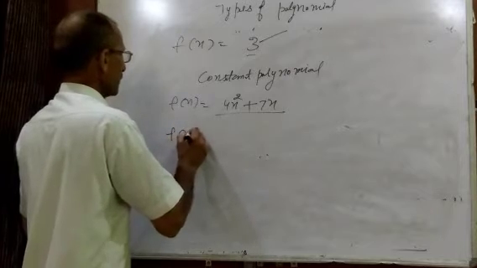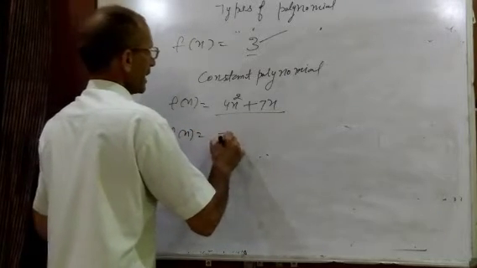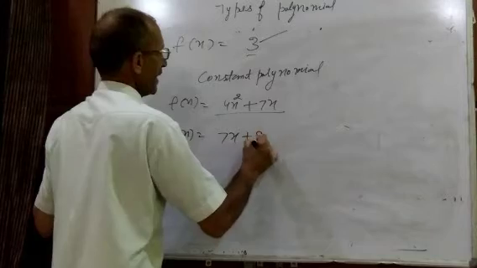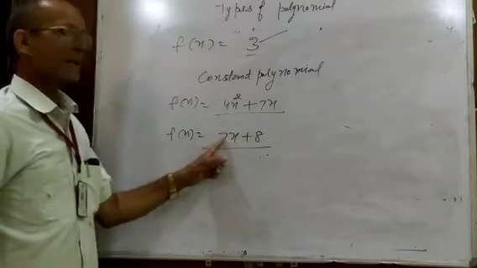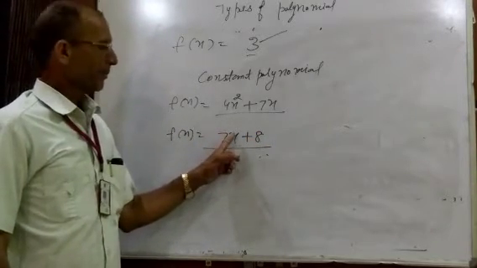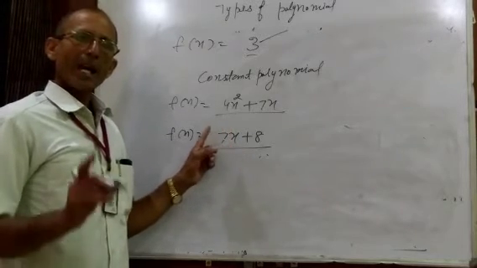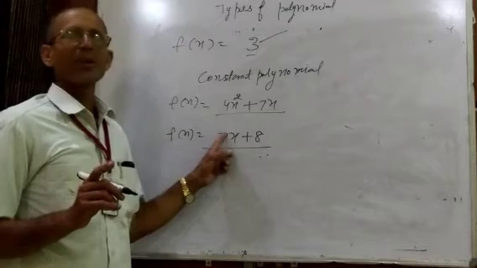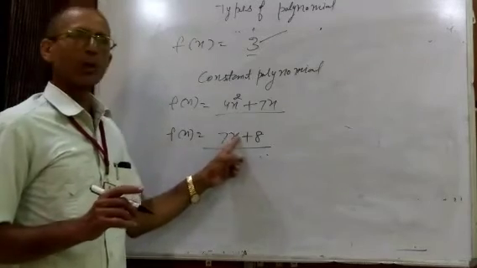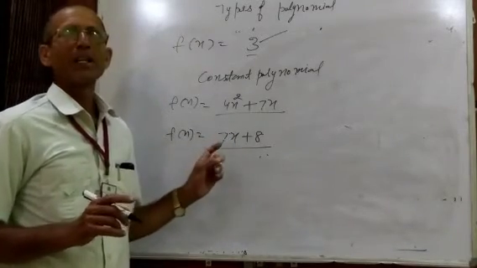Linear polynomial: 7x plus 8. This is a linear polynomial because the power of x is 1. A polynomial with degree 1 is called a linear polynomial. So this is a linear polynomial with 2 terms.